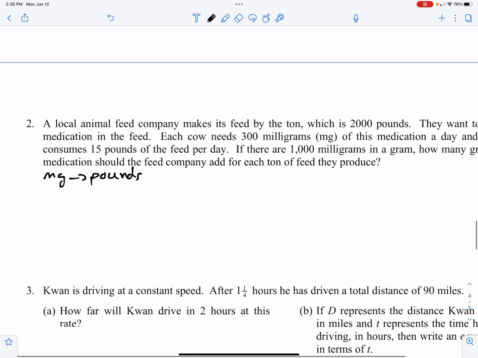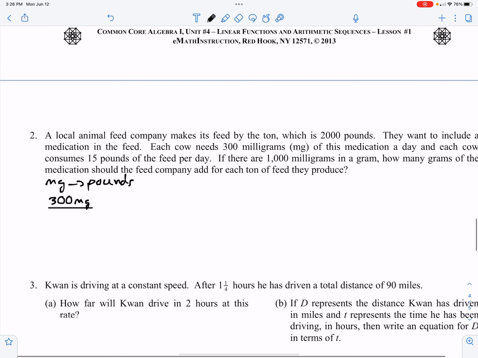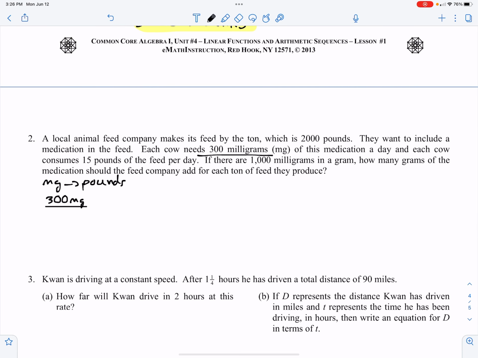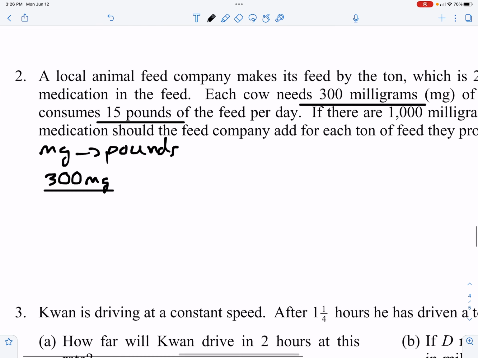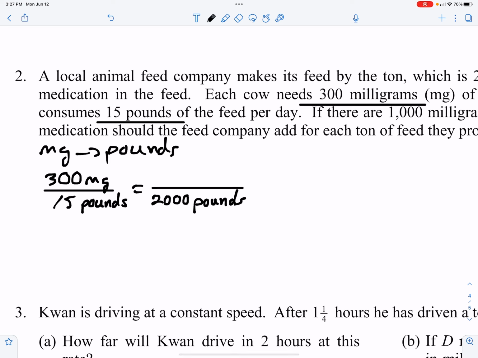So we know that each cow needs 300 milligrams for every 15 pounds that it consumes. And there are 2,000 pounds in a ton, but how many milligrams would that be, essentially?